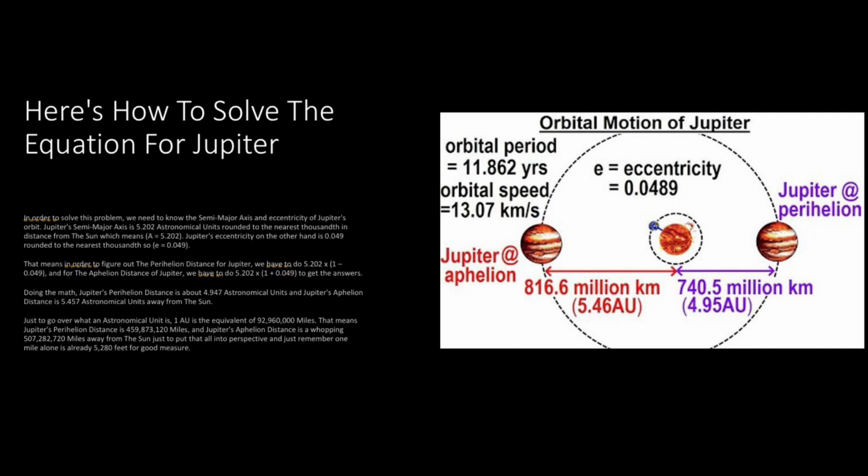And Jupiter's aphelion distance is a whopping 507,282,720 miles away from the Sun. Just to put that all into perspective, and just remember, 1 mile alone is already 5,280 feet for good measure.